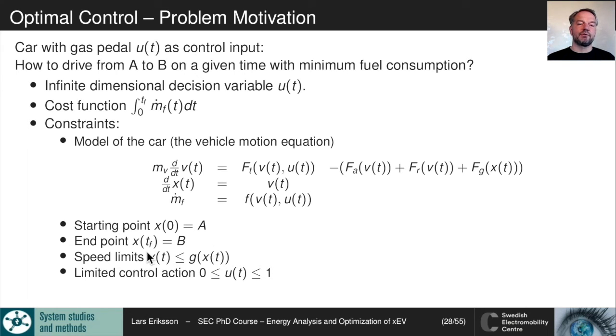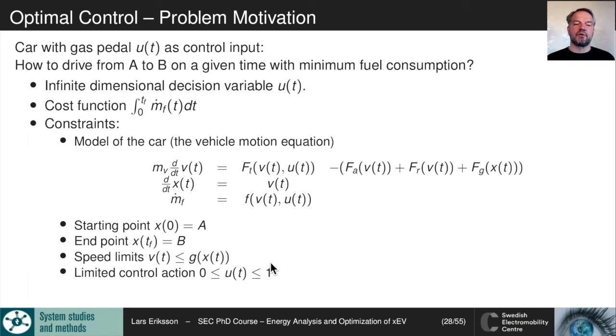Then we also have to respect speed limits. For example, the velocities over our traveled route need to fulfill something that depends on where we are. Initially, when we're inside Linköping, we might have 40 kilometers an hour, then switch up to 60, 70, and then on the highway we're up at 110.